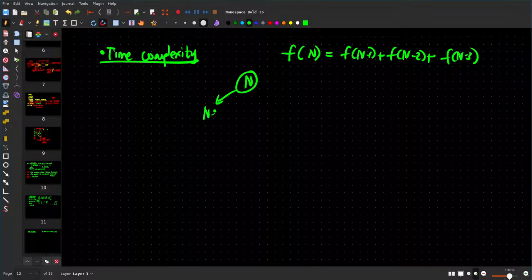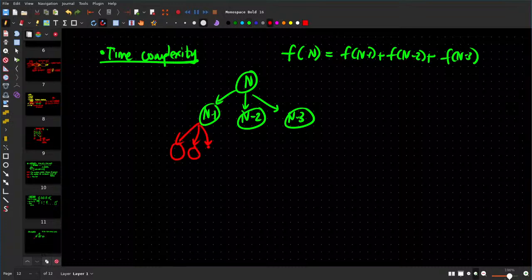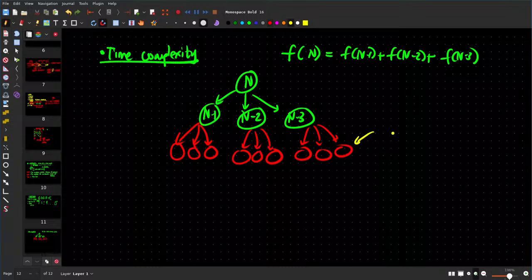From n you go to n minus 1, n minus 2, n minus 3, and from each of these subsequent nodes you have 3 values that you go to. And whenever I say go to, that means this state is visited by a recursive function call, right?